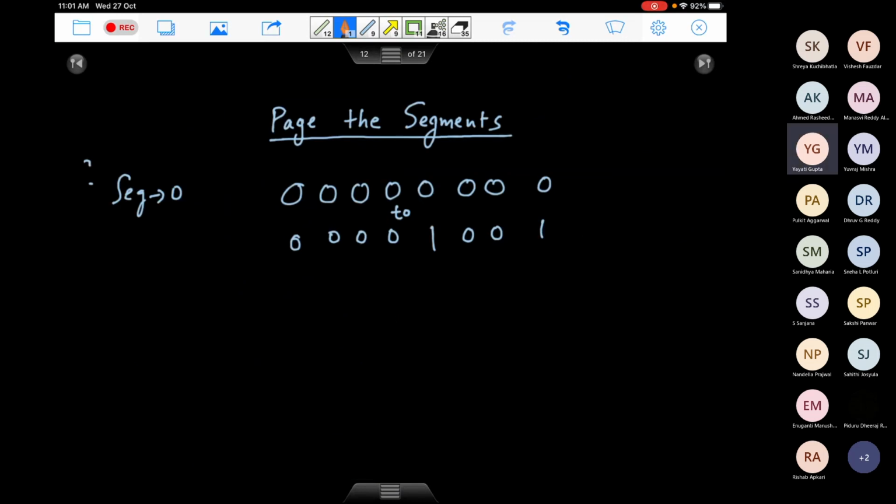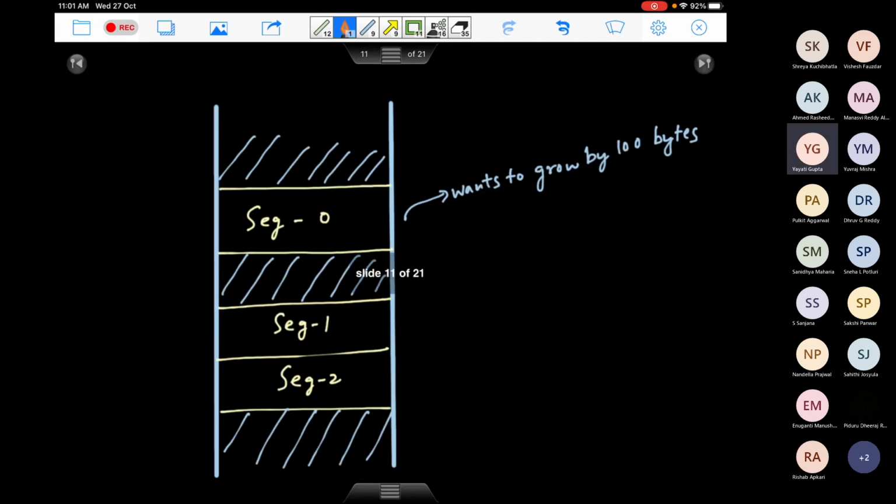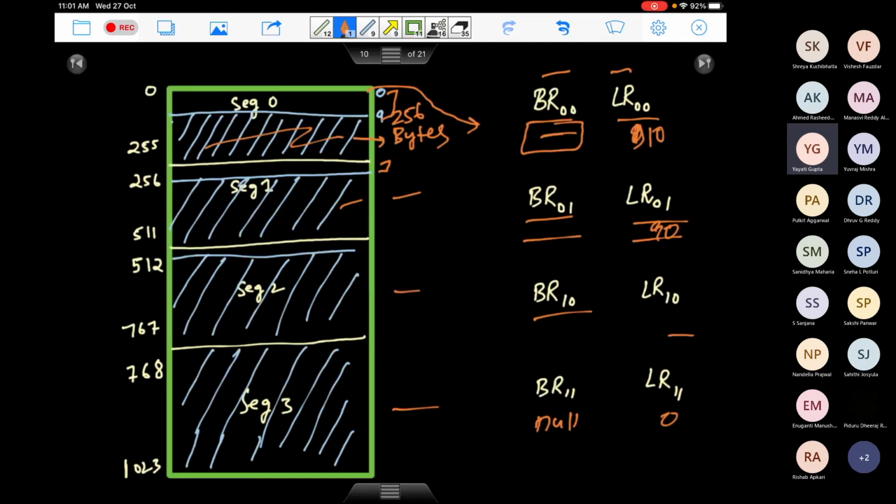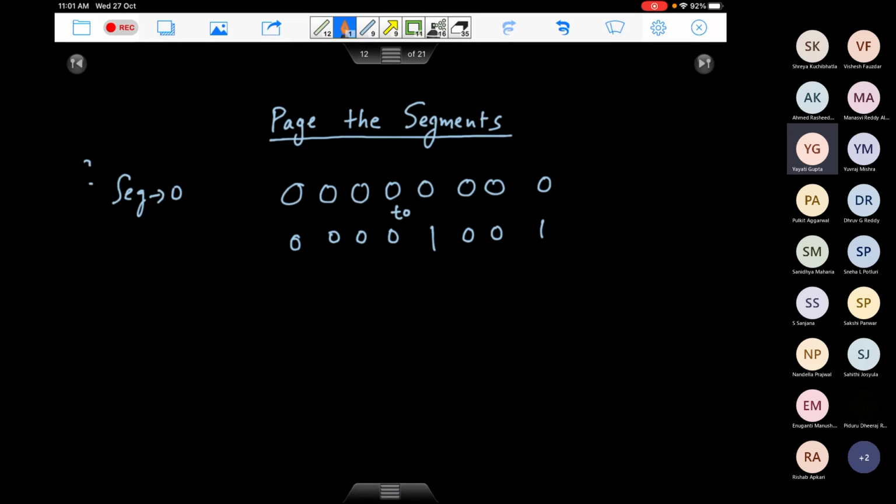So now, how do we page the segments? If you look at this segment 0, its usable memory addresses started from 0 and went up to 9. So this is the valid address space of your segment 0. Now we want to page this segment. If we were not paging it, we would keep all these virtual address locations at the same place in the physical memory, and the base register would tell us where exactly in the physical memory it is. Anyhow, these first 2 bits just tell you the segment number.